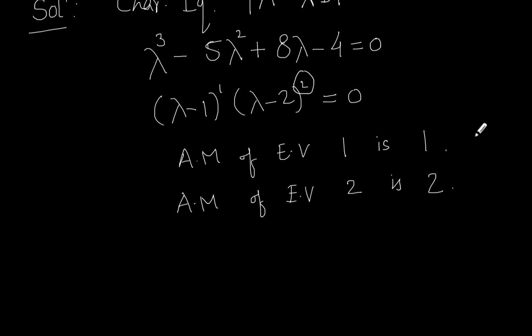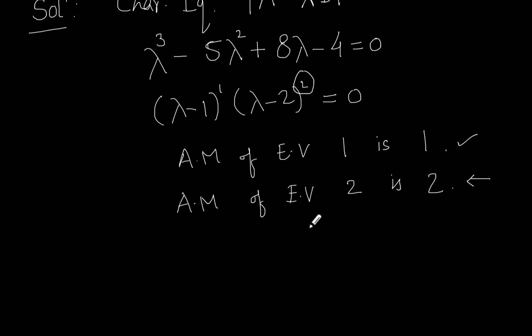For diagonalization, we will check whether we have three linearly independent eigenvectors or not. We know that corresponding to 1 we will get one. So we will work on eigenvalue 2, to check whether it has two linearly independent eigenvectors or not.